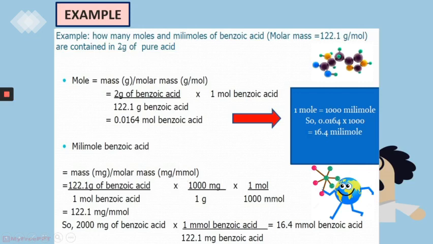Since from the question, the information given is molar mass in unit gram per mole and mass in unit gram, you have to convert the gram into milligram and the molar mass into unit milligram per millimole. Then you will get the answer in millimole.